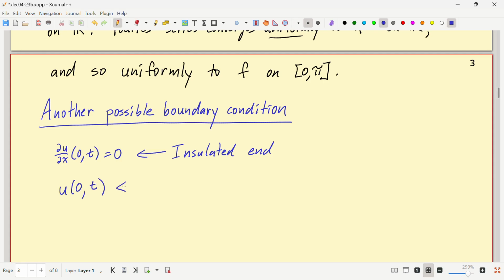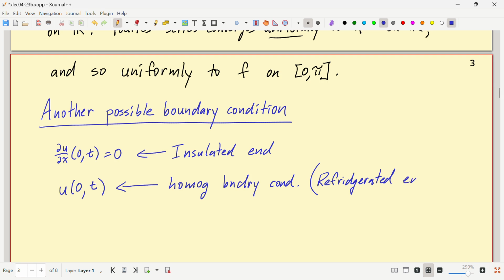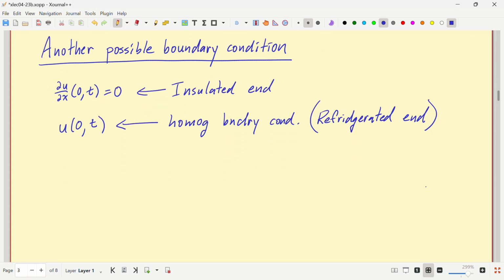That's the homogeneous boundary condition. I think of that as the refrigerated end. I slap on a refrigerator, keeping it at 0 degrees. Homogeneous boundary conditions are nice because it means you can add them together and get more solutions.